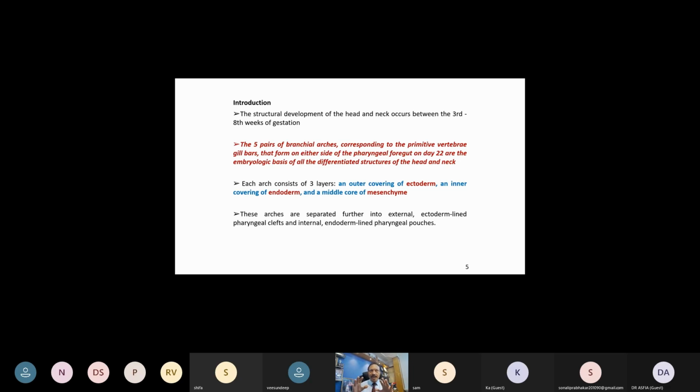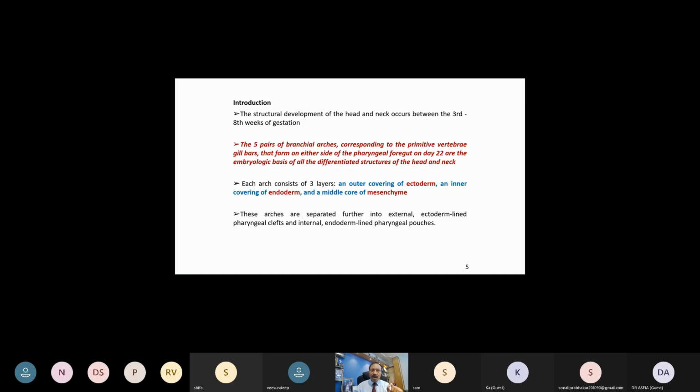As you all know, there are 5 pairs of branchial arches corresponding to the primitive vertebrate gill bars, that form on either side of the pharyngeal foregut on the 22nd day. They are the embryological basis of all the differentiated structures of the head and neck.